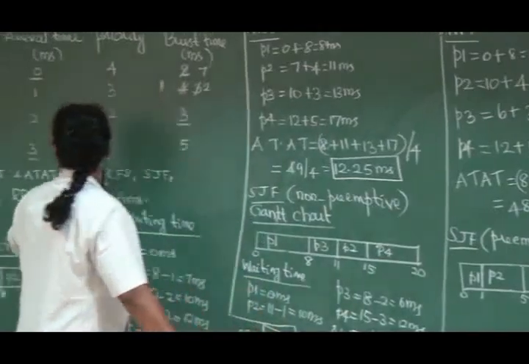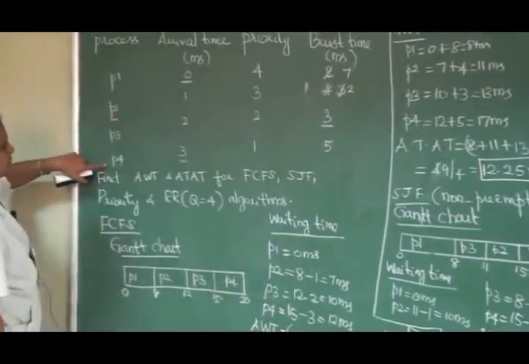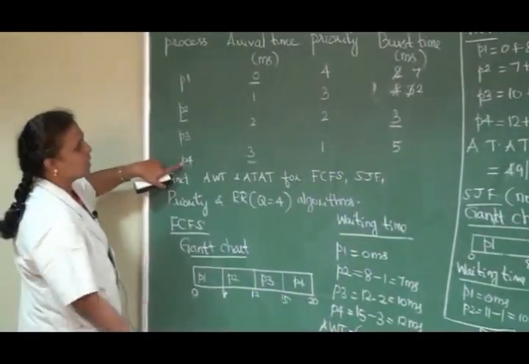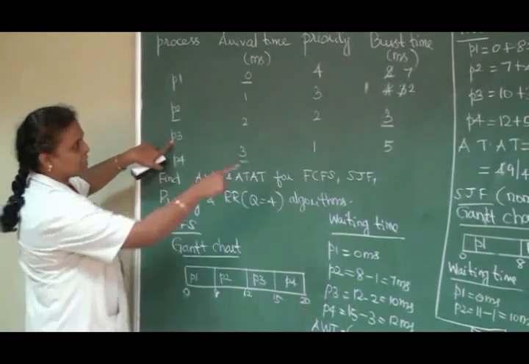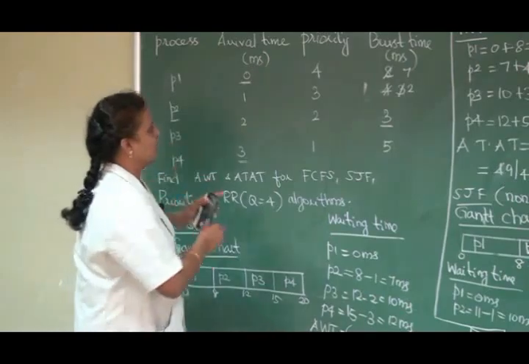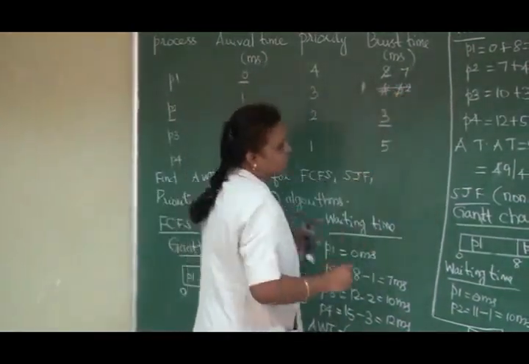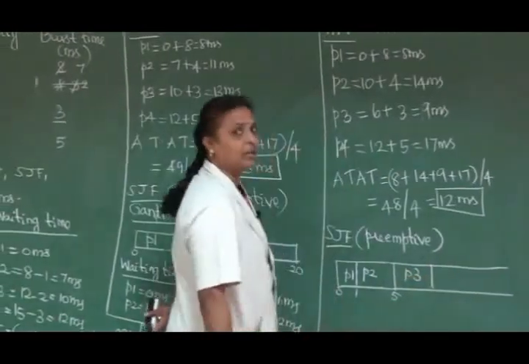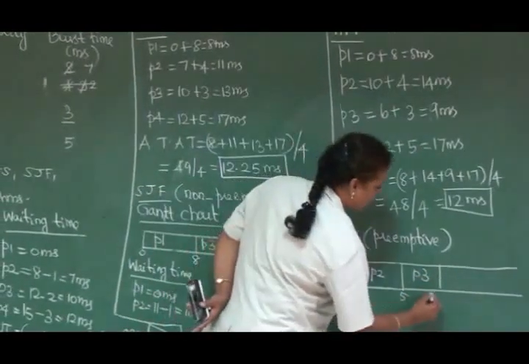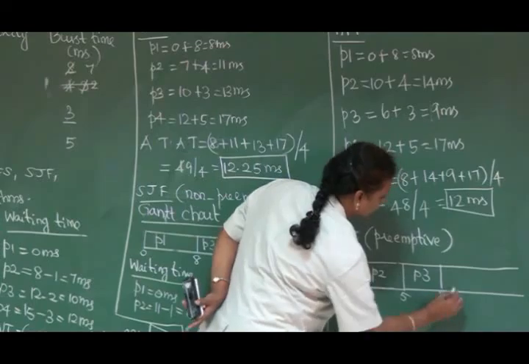Then now 3 processes P1, P3, P4 are there. Among them the process with the smallest burst time is getting the CPU. So P3, its burst time is 3, so its execution is over. So P3 is getting the CPU next, and it can be executed for 3 milliseconds. So 5 plus 3, 8.